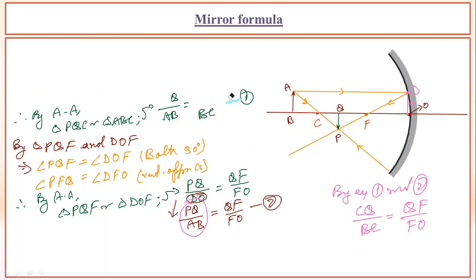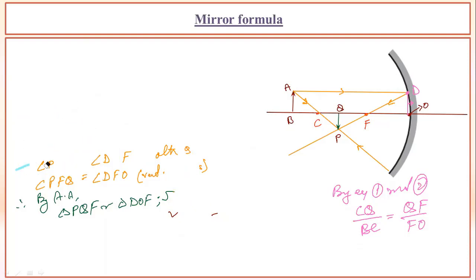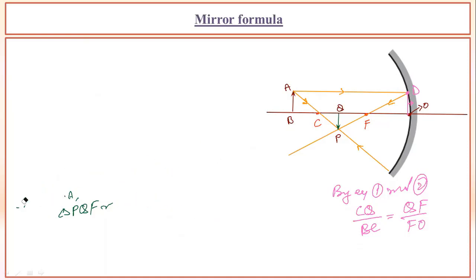For that one, let me just clear this portion out so that I can use the other components. Now, when we have got this value, we will use the sign convention, and with the help of the sign convention, we will be able to establish the relation over here. As you can see, by equations 1 and 2, we got this particular quantity.